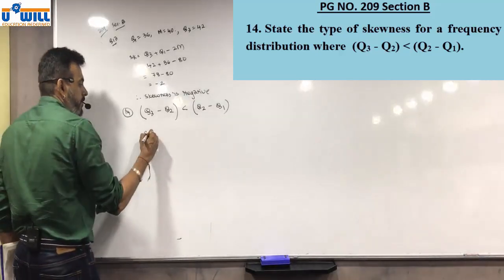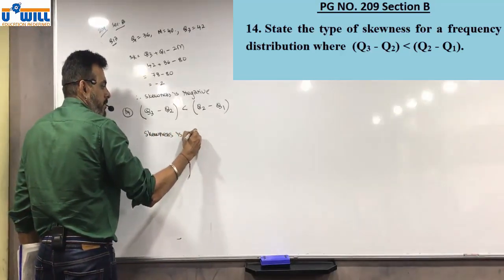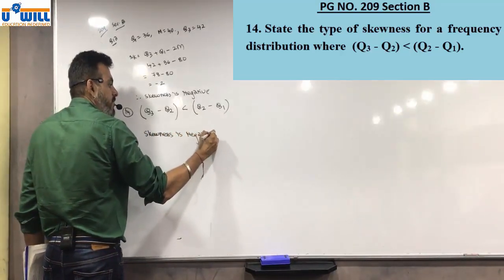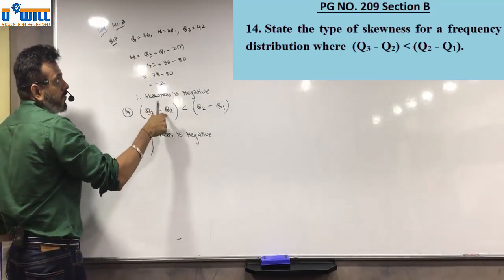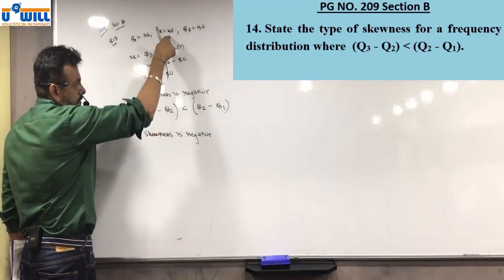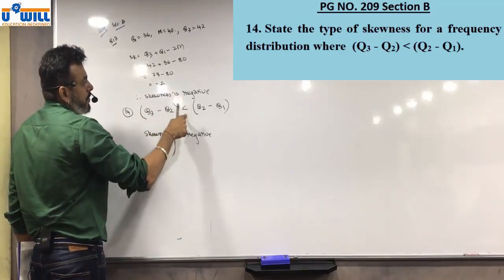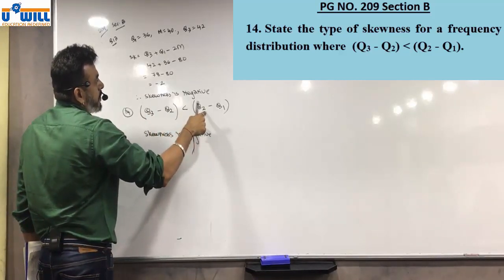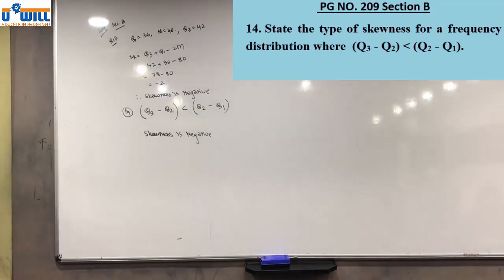So skewness is negative. Let's check with these numbers. Q3 42 minus Q2, median 40: 42 minus 40 is 2, which is less than 40 minus 36. Perfect. You got it, right?